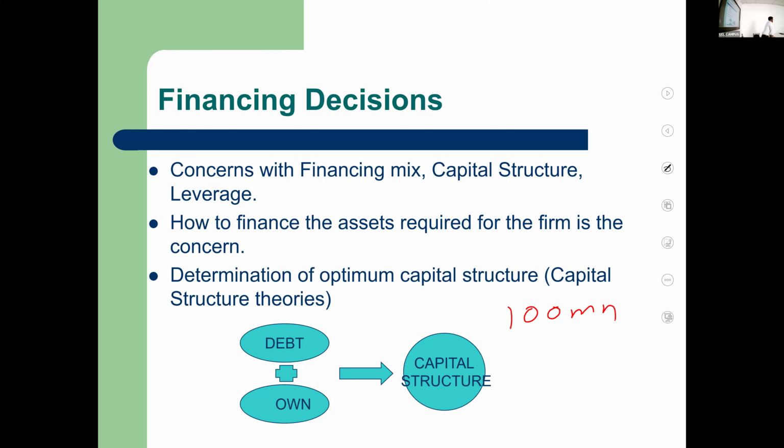Cost of capital. Let's say you have 100 million. If you entirely collect this 100 million through the debt instrument, then you need to pay interest. If you obtain this 100 million through equity capital, then you will have to pay dividend.